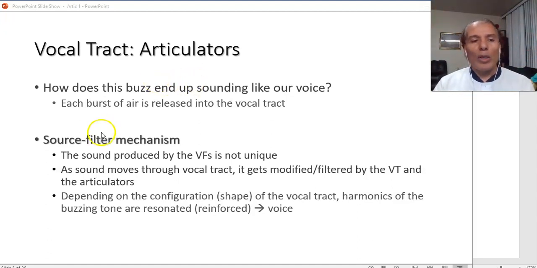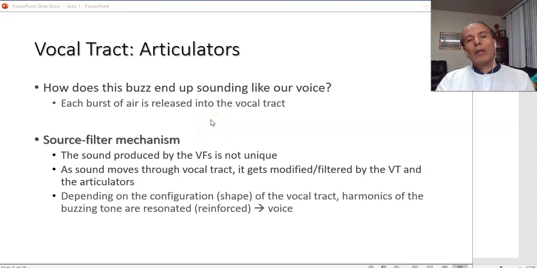Again, you'll study the mechanism, how it filters the sound. It filters out bad elements of the wave, and it leaves elements that will enhance the wave. You will study that in speech and hearing science.